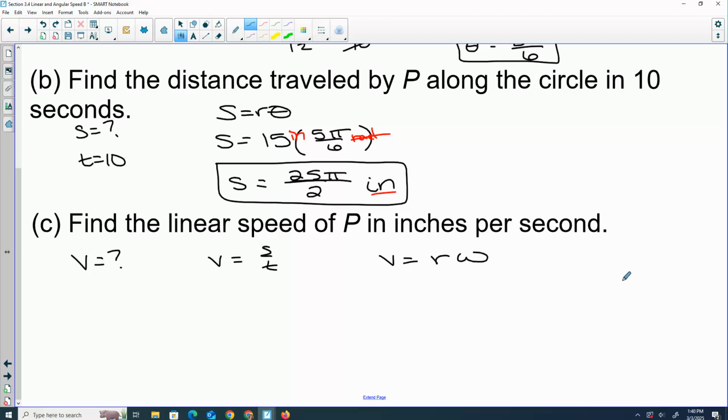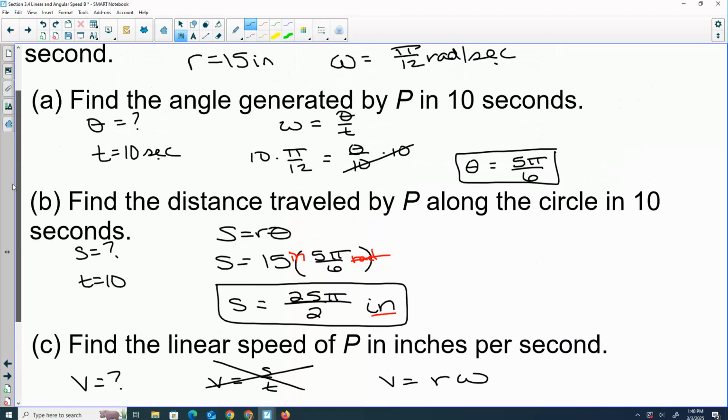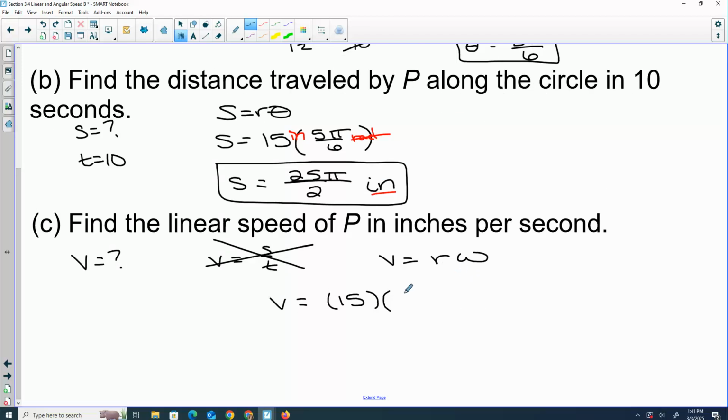Yep. Do we have omega? Yes. So two different ways. Do you want to divide or multiply? Let's multiply. V equals, so my radius, R was 15 inches. Omega was pi over 12 radians per second.